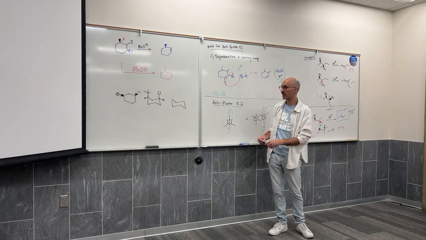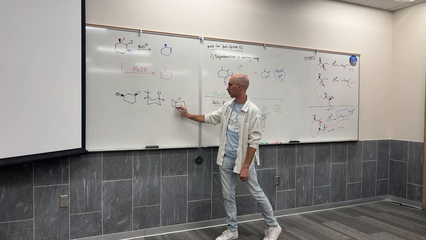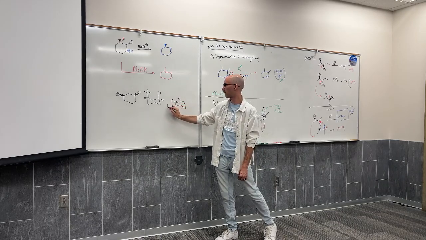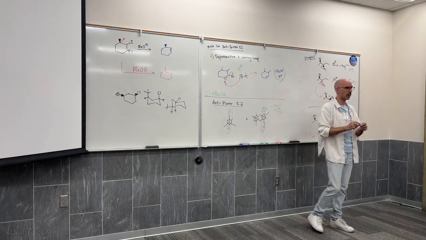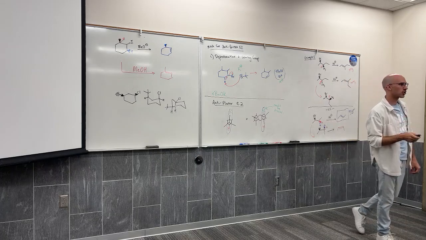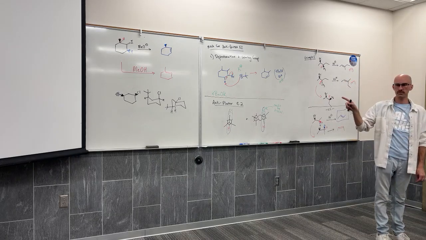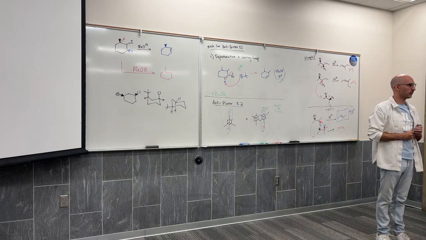If you want to see it, you can. On a down carbon, you have an up equatorial chlorine, and on a down carbon, you have an up equatorial tert-butyl. Lower energy. But remember, the question was, which conformation, the higher or lower energy, is reactive to E2?